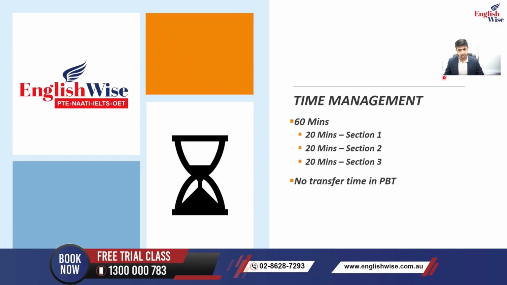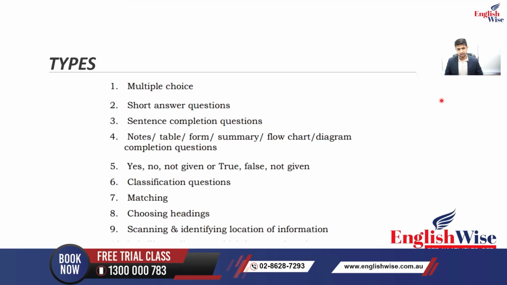In your reading section, you will have different question types appearing in your exam for different passages. All the question types will not appear, but in the class today, we will have a discussion on all the question types and we'll see some strategies you can use to solve those questions. What are the question types? There are these 9 question types for your reading section.